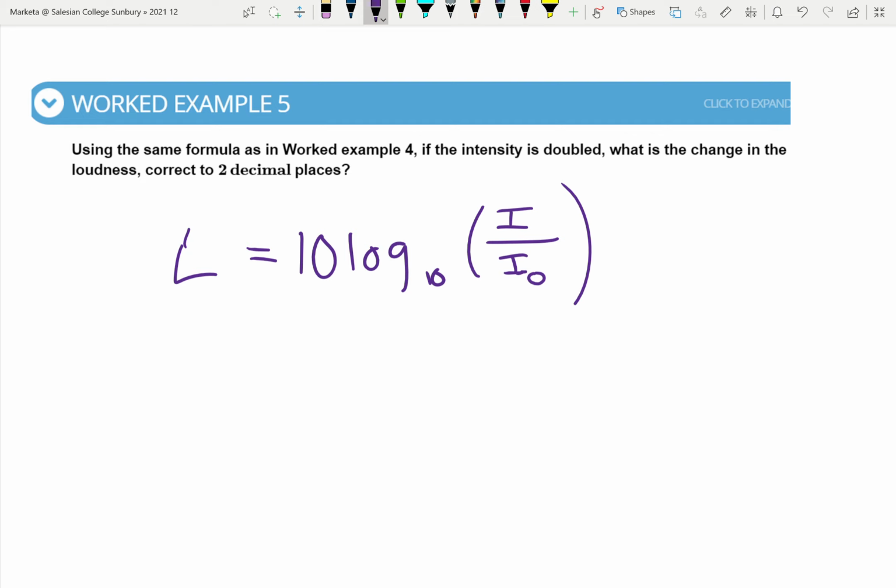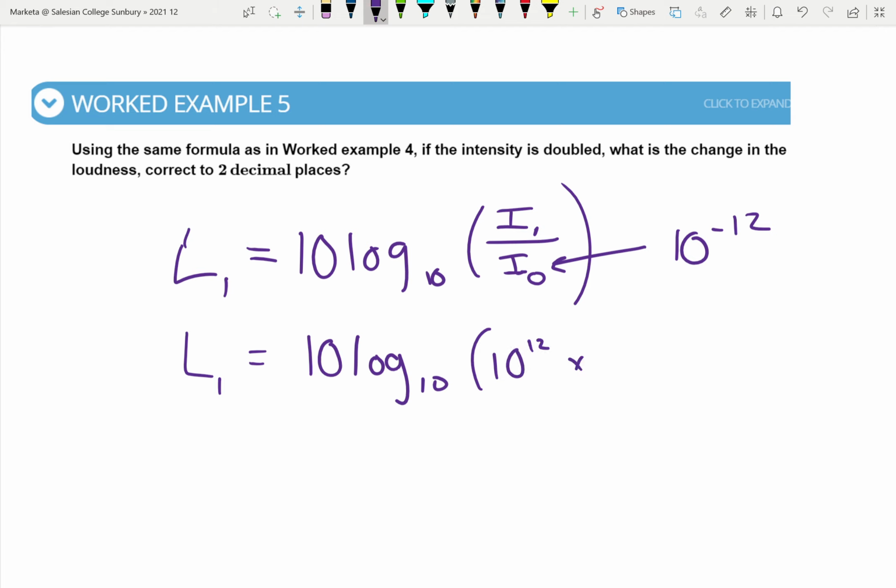So the first one will represent the original loudness, and the second will represent the loudness once we double the intensity. So I'm going to call this L1, and that would mean that the intensity here is I1 as well. And well, now I can say L1 equals 10 log 10, and remember I0 is 10 to the power of negative 12, so that means we've got 10 to the power of 12 times I1 here.